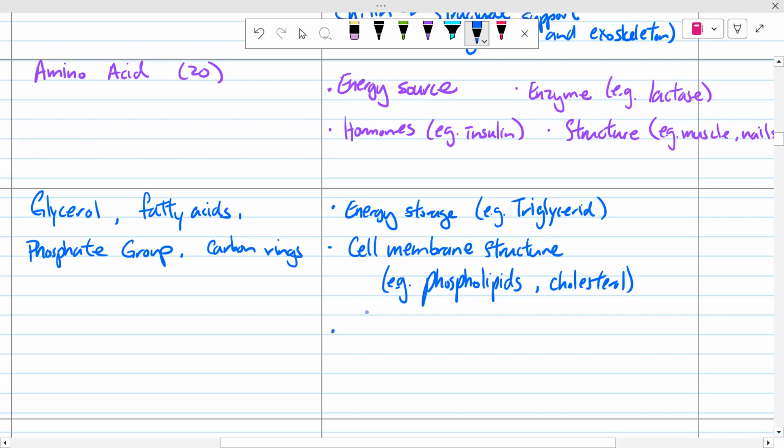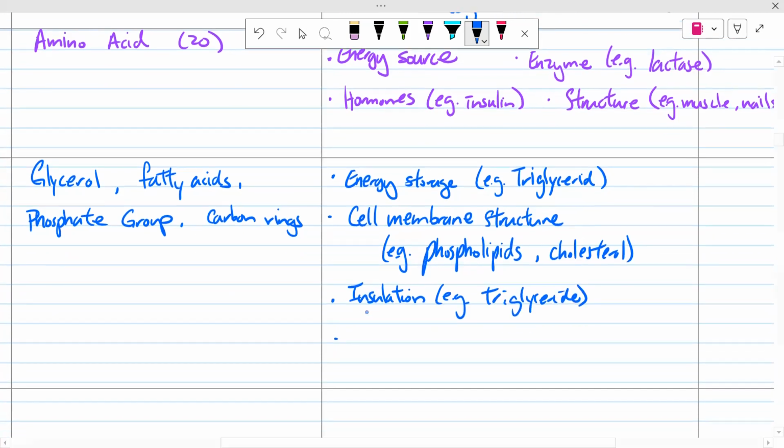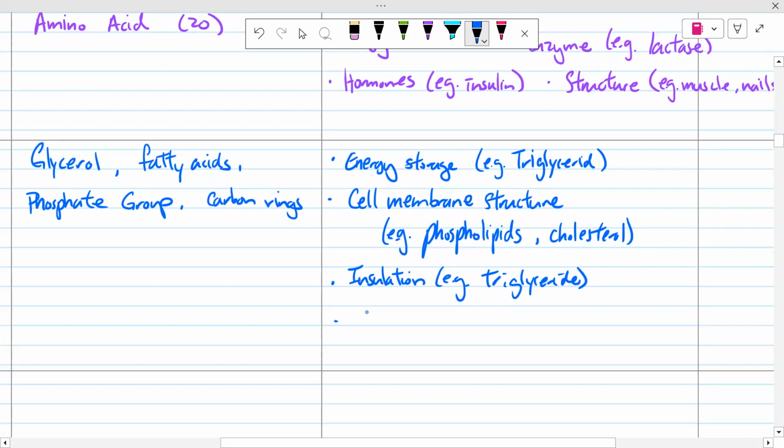Two more functions for the lipids when you're ready. What else did I do? What's that? Insulation, yeah. Sure, that's not what I was thinking, but that's totally correct. You see, I did not study for my own test. Another one, maybe? Wax, yeah, it forms a water resistant barrier.